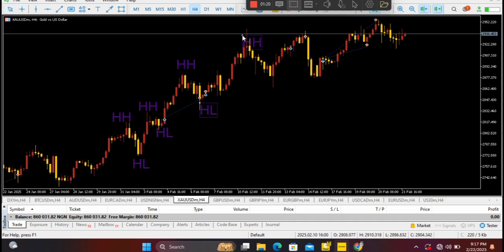And for quite some time now, gold has been trending up. Now here's our next higher high and higher low. Do you want me to give you some seconds to find it for us? Okay, let's give you some seconds. I believe you said these are our higher highs. Good, yes, that is our latest higher high and higher low.